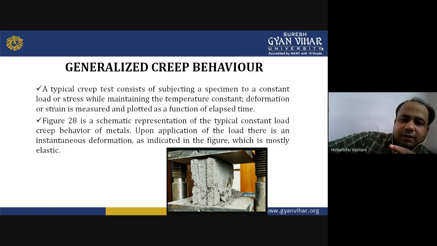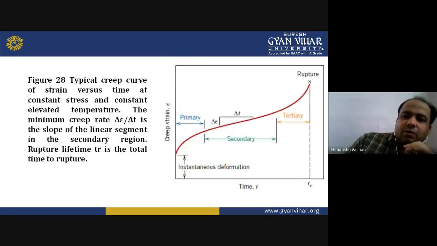The coming diagram shows a representation of typical constant load behavior of metals. Upon application of load, there is an instantaneous deformation, which is mostly elastic and then permanent.